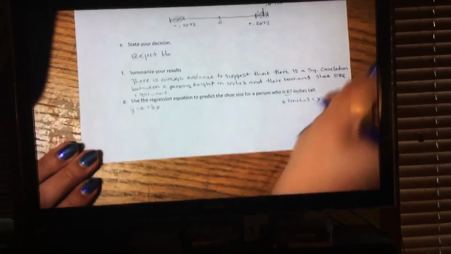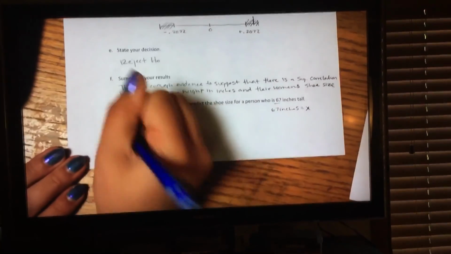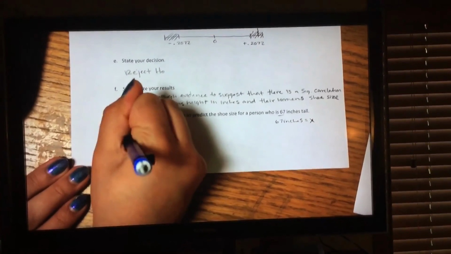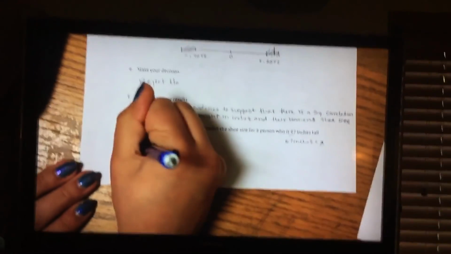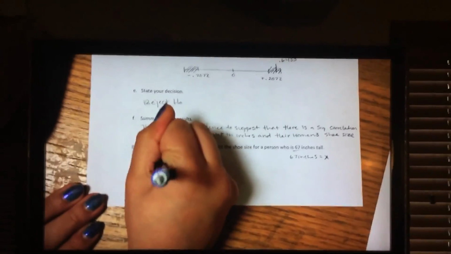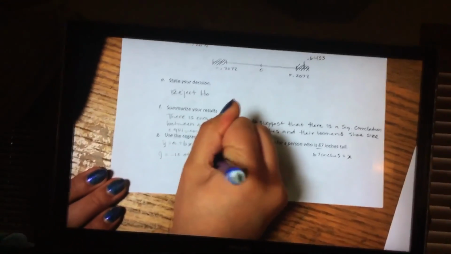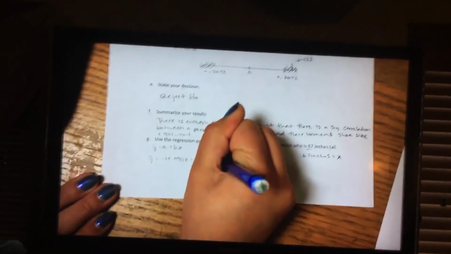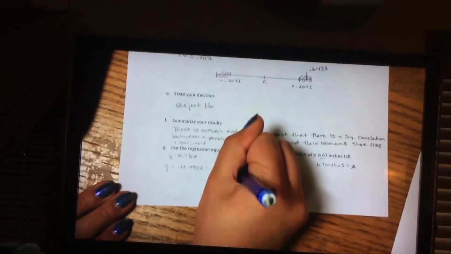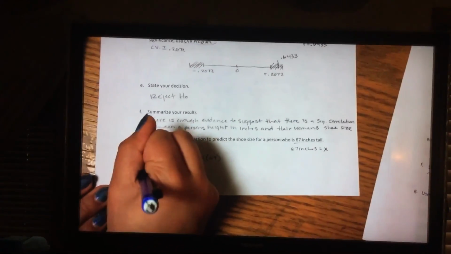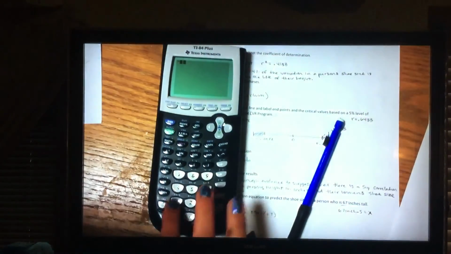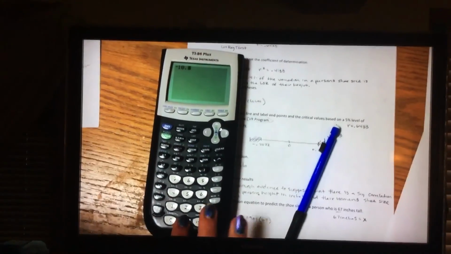So we're going to be using the same regression equation that we discussed on the first side of this worksheet. So that's y hat equals a plus bx, and for us, we're going to plug in our values. So y hat equals negative 10.0942 plus 0.2901 times 67, where 67 is our x value and the height of a person in inches.